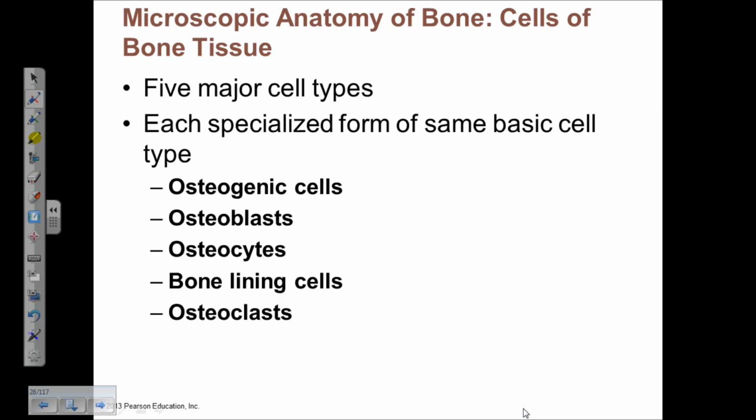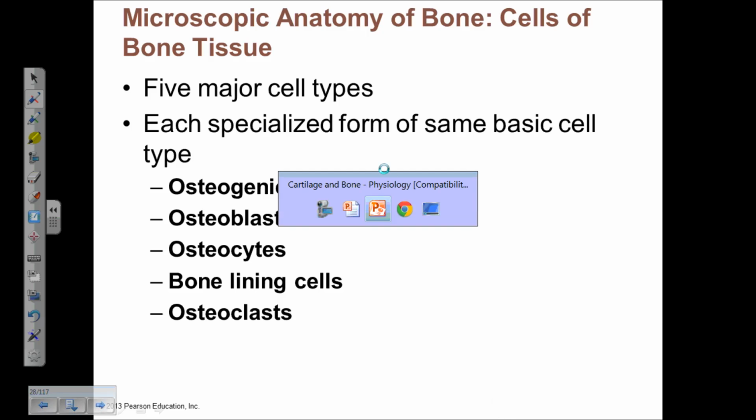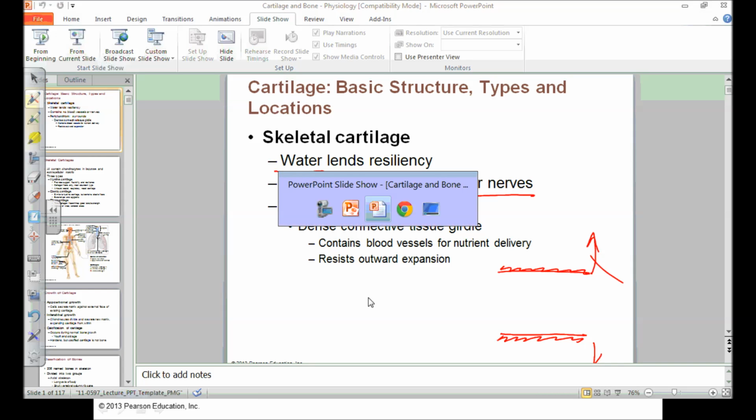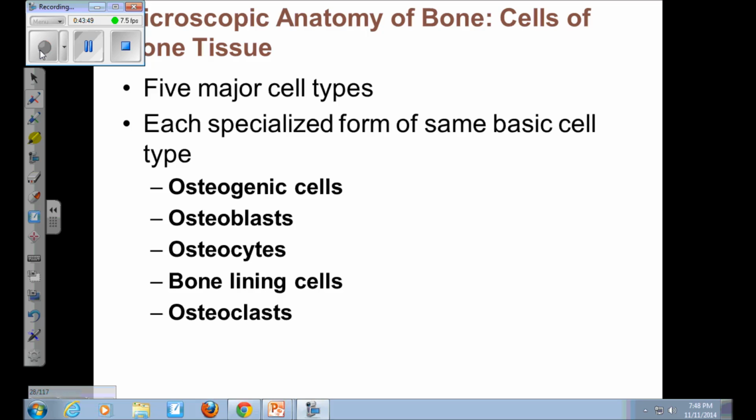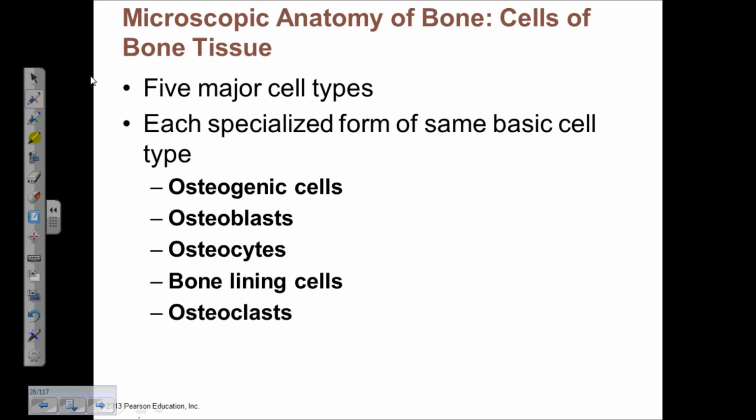So we will stop at the microscopic anatomy. So now let's try and talk about the microscopic anatomy of the bone. In the bone you will find four different cell types.